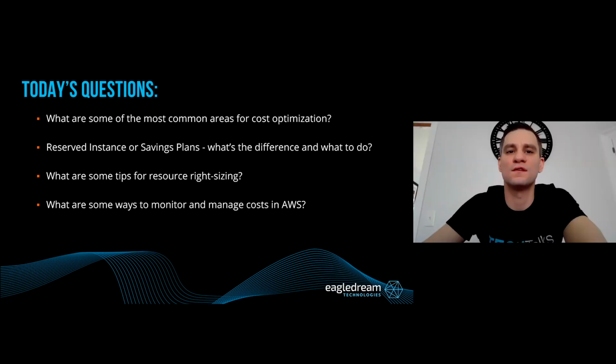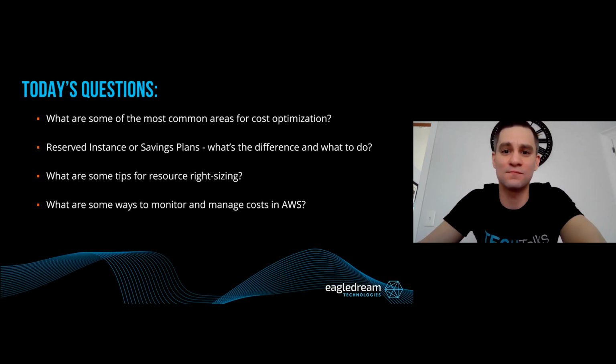Yeah, I think there's a lot of low-hanging fruit or easy ways that people can cost optimize. And it really depends on the type of workloads that they're running. But right off the top, some easy ones, for example, are S3 storage. So if you're using a lot of S3 storage, there's some easy ways to save on a lot of the data that you're storing that's not being frequently used.